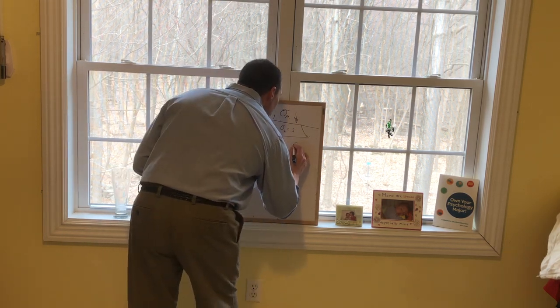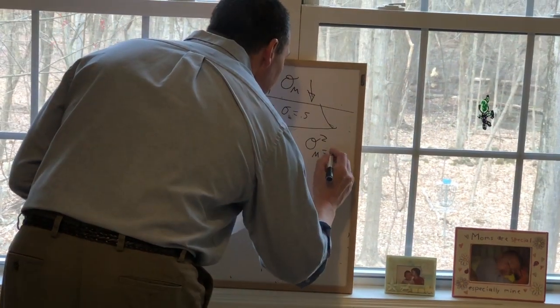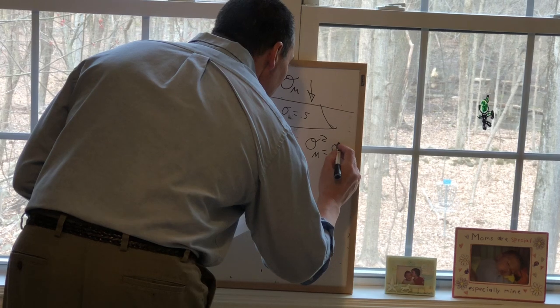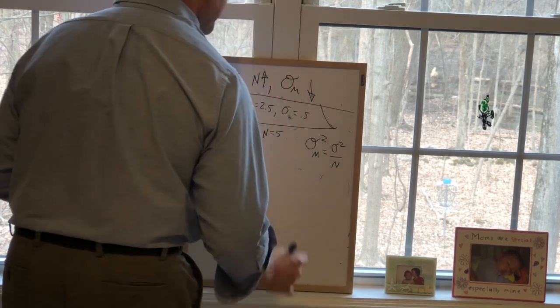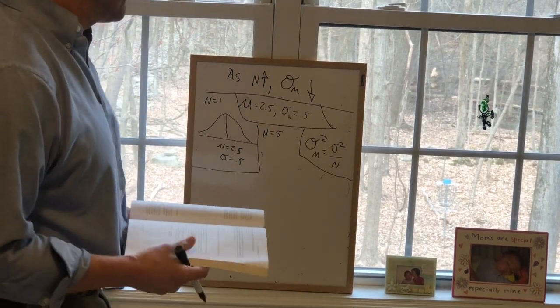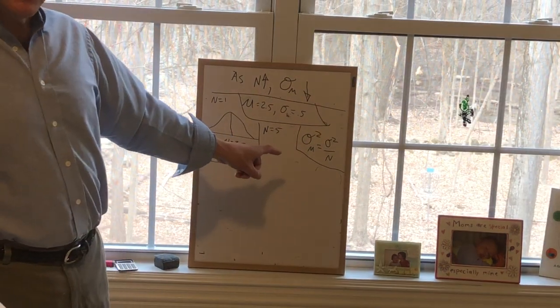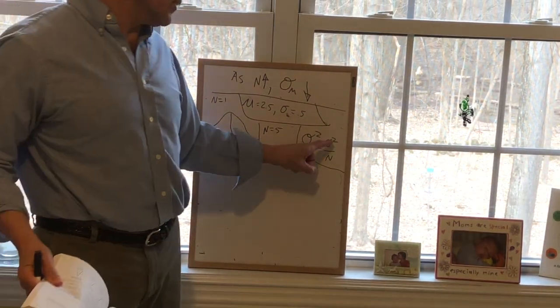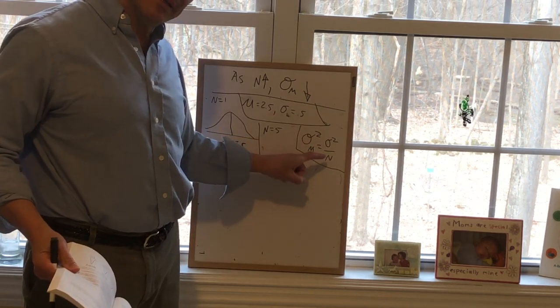Sigma squared sub M equals sigma squared divided by n. A little bit of a sidebar, but it's pretty important. The variance of a distribution of means equals the population variance it is based on divided by n.